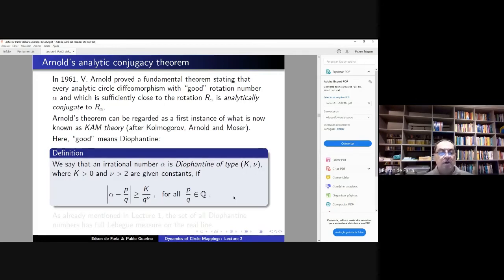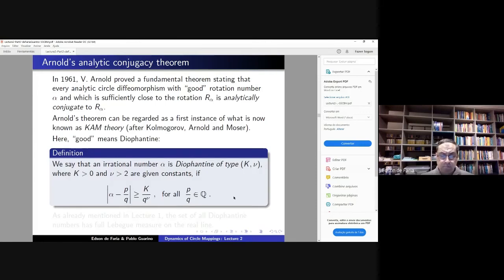So this is saying that alpha is quantitatively distant from rationals in some sense. Of course, the rationals are dense on the line, but you cannot approximate alpha by a rational p over q with an error smaller than this power of q.